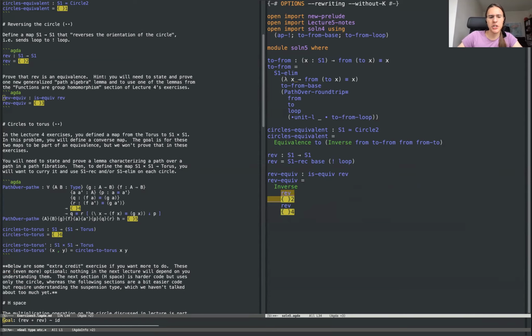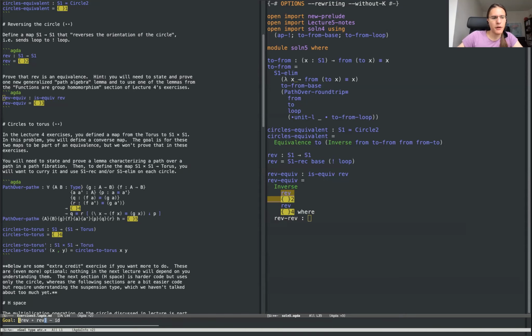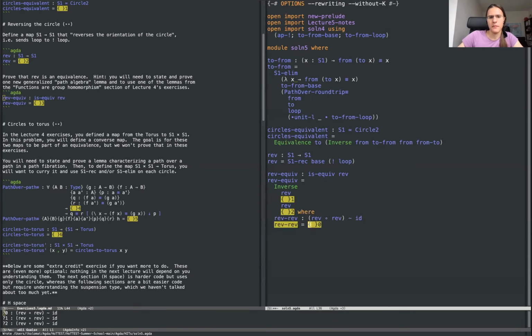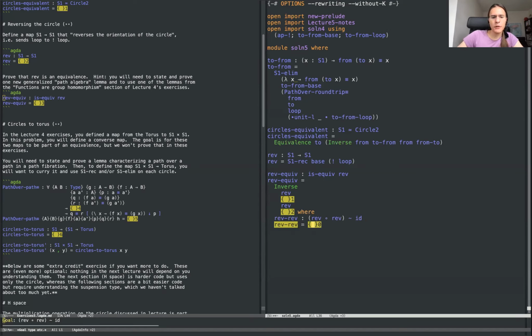So I'll just write, since it's the same, where rev is a proof that rev composed rev is homotopic to the identity. I guess these parentheses are necessary because of that type. Now if we look at what a homotopy is, it's a dependent map, right? So we're going to use the dependent eliminator, S1 elim.